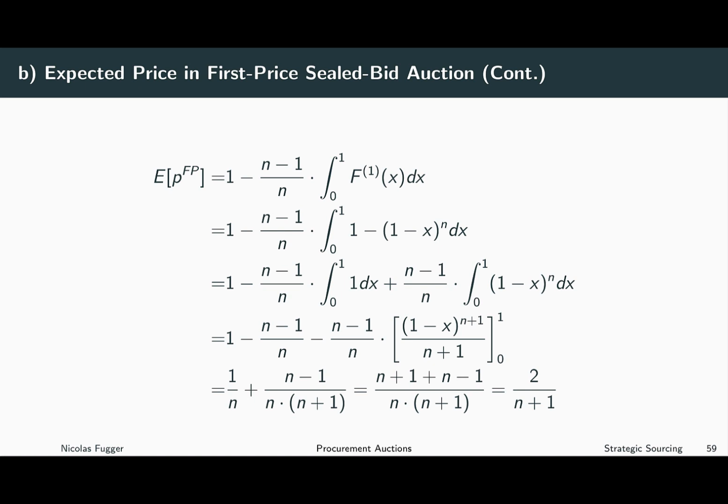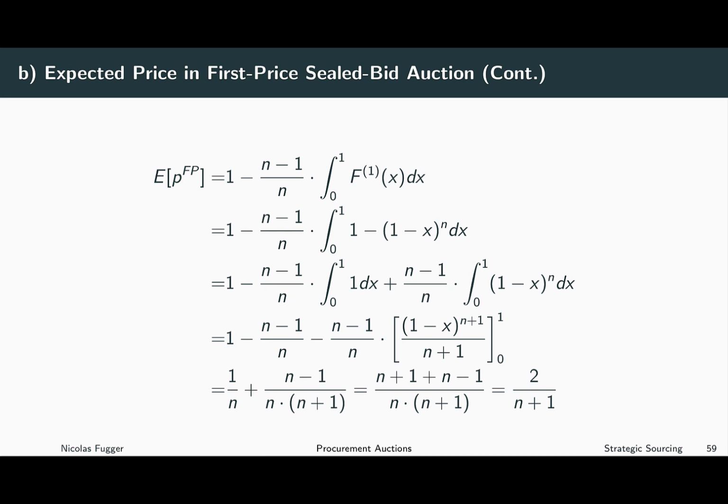So finally, in the next step, we need to plug in. We have 1 minus (n minus 1) divided by n, which is nothing else than 1 divided by n. If we plug in the upper limit here, then this term is 0. If we plug in the lower limit, this term here is 1.